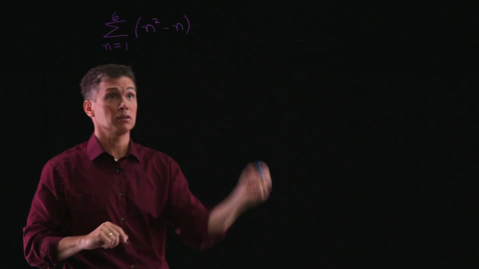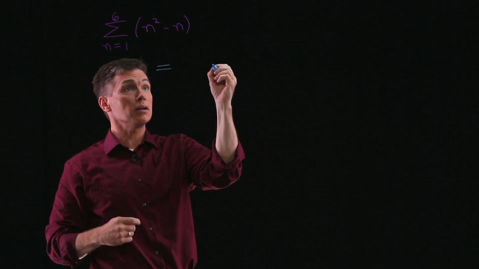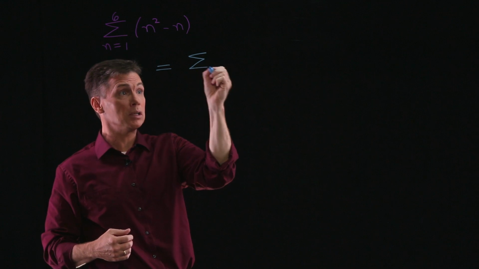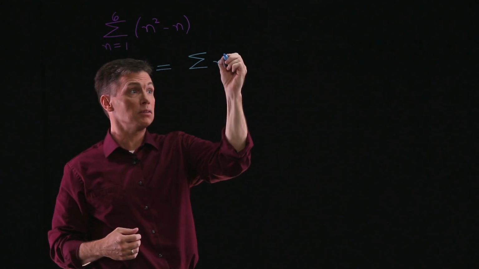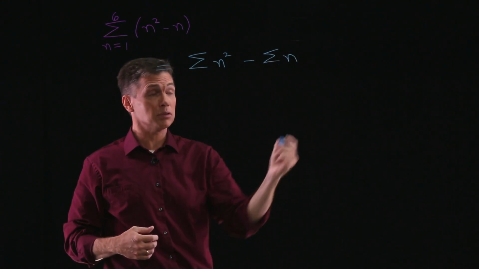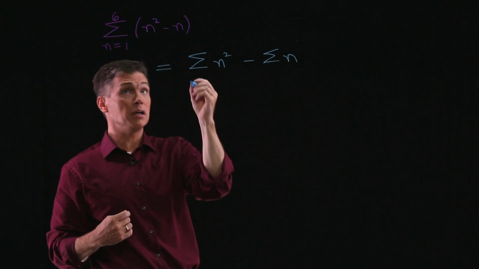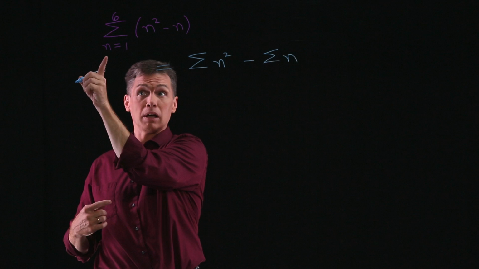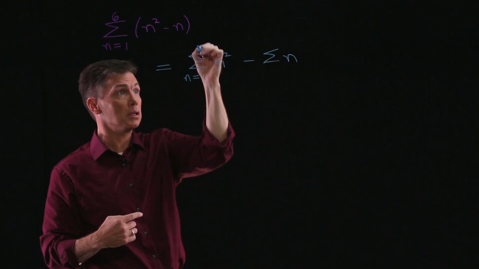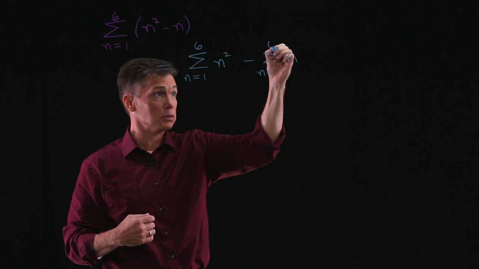For instance, on this one, n squared and the n are separated by subtraction, so I will give each one the sigma sign and separate them like this, making two different sigma notation expressions. And then each one of them does get the same indices here. N equals 1 up to 6, n equals 1 up to 6.